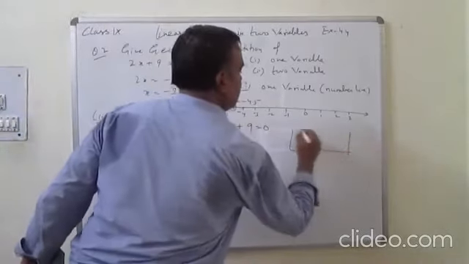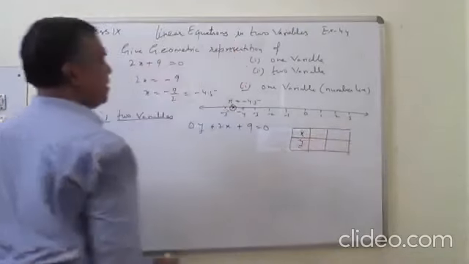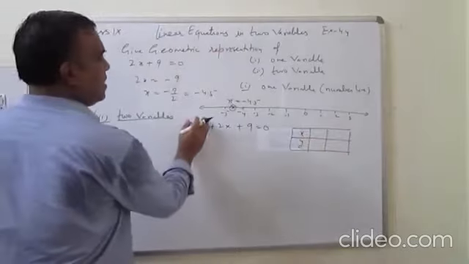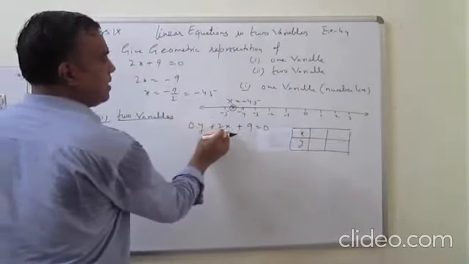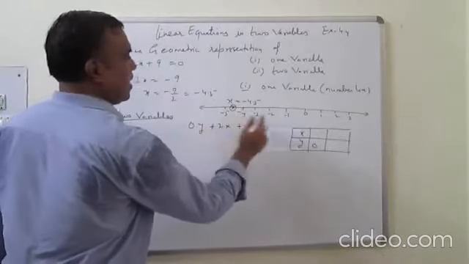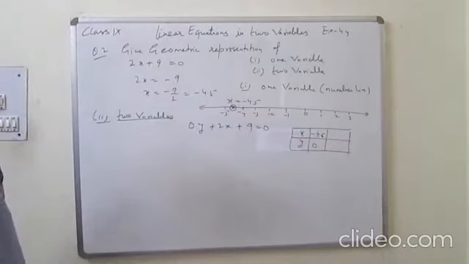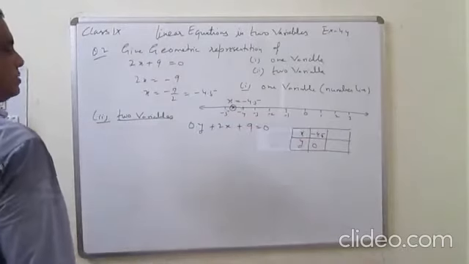In two variables you can make a table also: x, y. Here y is equal to 0, then what is x? y is equal to 0, x is minus 4.5. So we see that y remains 0 and the value of x is changing.